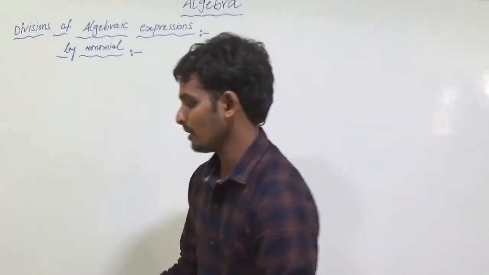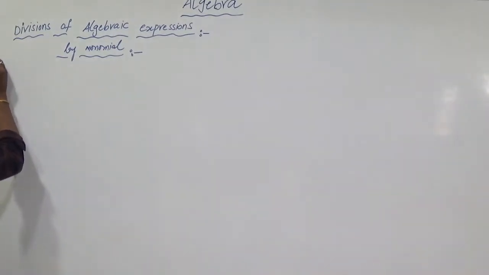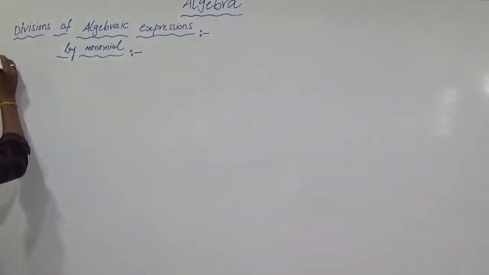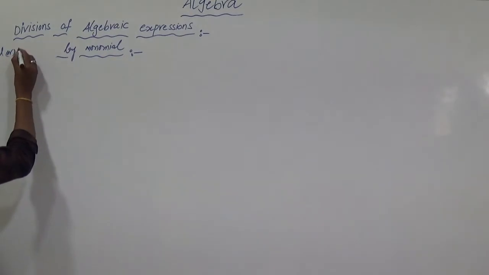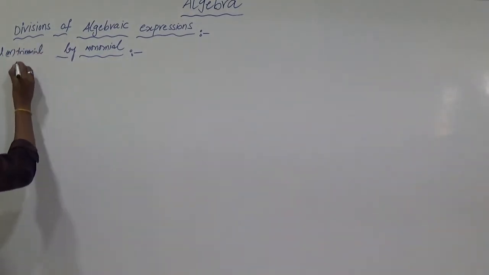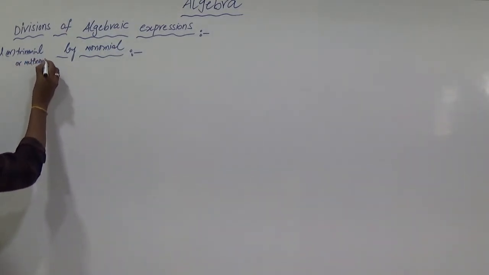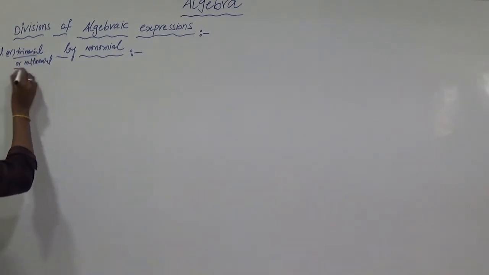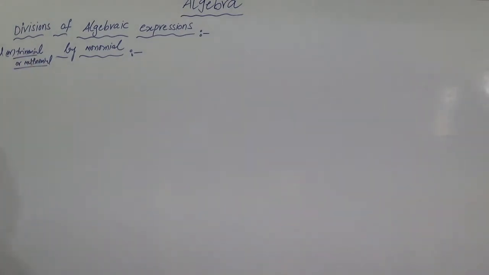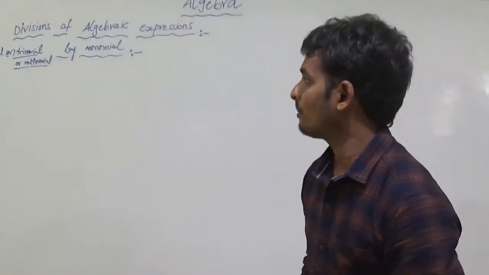I am giving one problem. If you want to keep the heading, write like this: binomial or trinomial or multinomial by monomial. I am giving the direct heading: binomial or trinomial or multinomial by monomial.